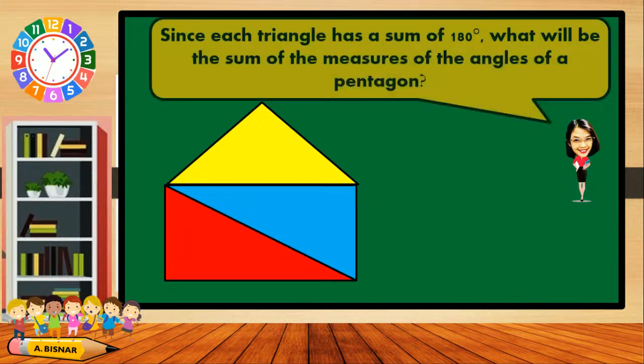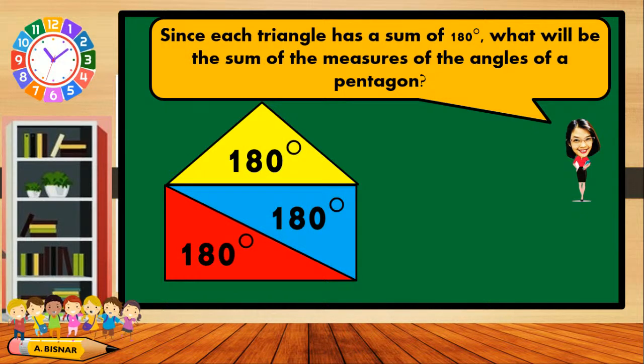Now, since each triangle has a sum of 180 degrees, what will be the sum of the measures of the angles of a pentagon? A while ago, sa rectangle, the sum is 360 degrees. What do you think will be the sum of a pentagon? That's correct, Michiko. 540. Okay.